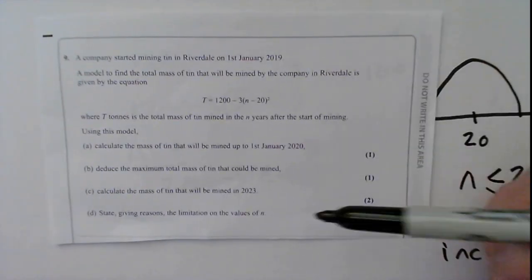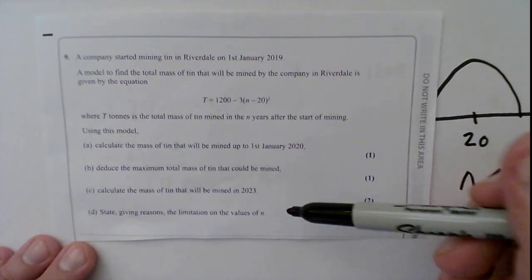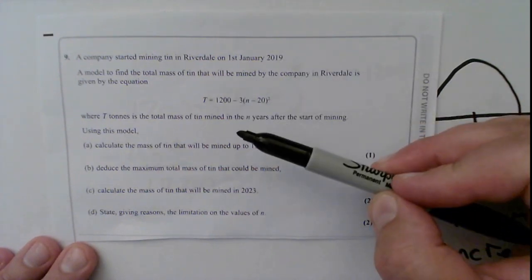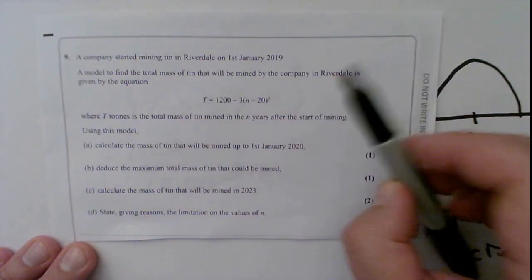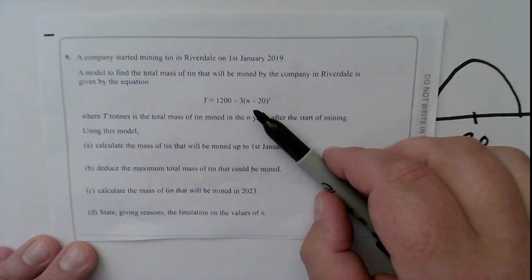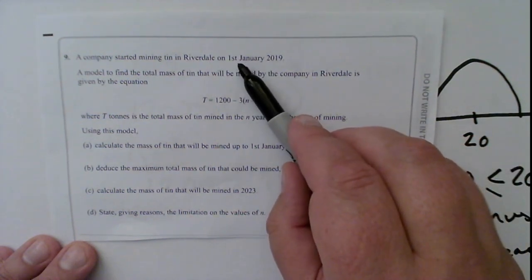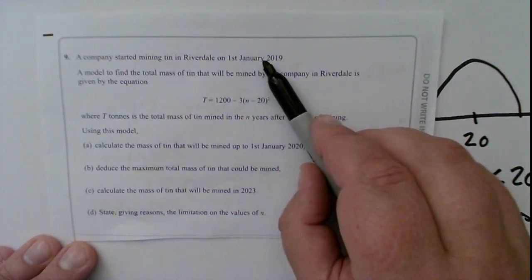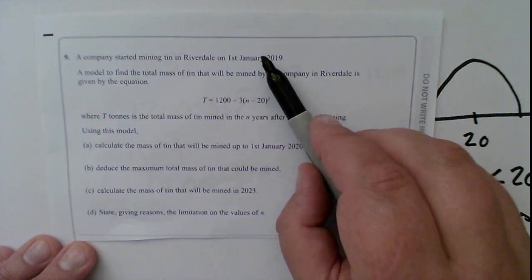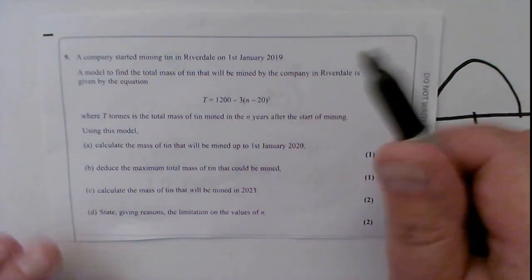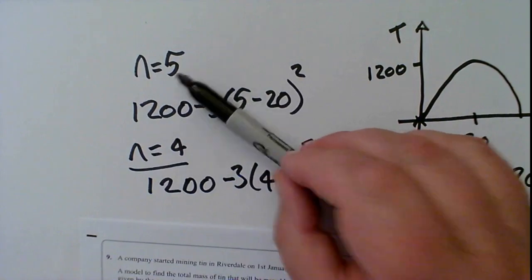So there is nothing to revise here other than, if you got this question wrong, just take your time over it and tune into these words here, that it was January and it wasn't the end of the year, it was the beginning of the year.